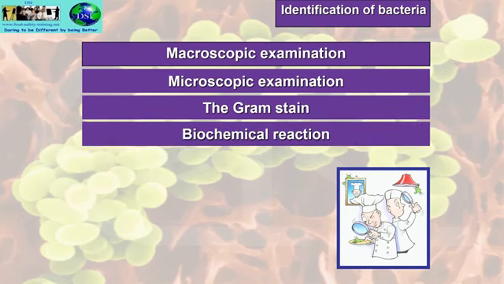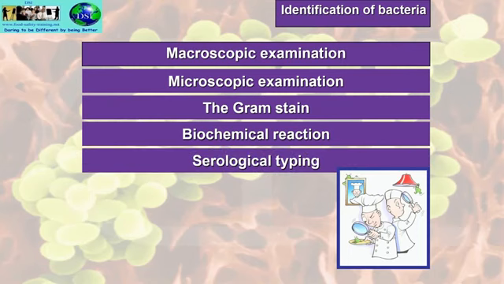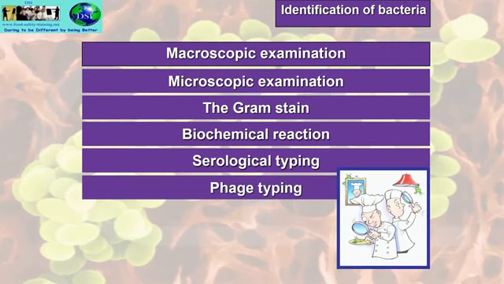Biochemical reactions. Obviously, bacteria will react to certain chemicals, giving certain gases off or different reactions. Serological typing. Again, using, for example, Salmonella's got about 2,500 different types of strains. So using this, we can find out which type of strain it is.